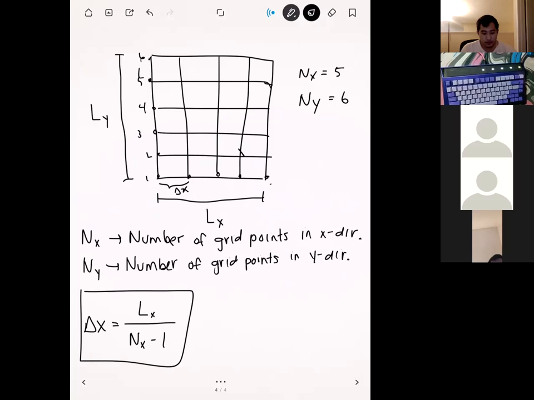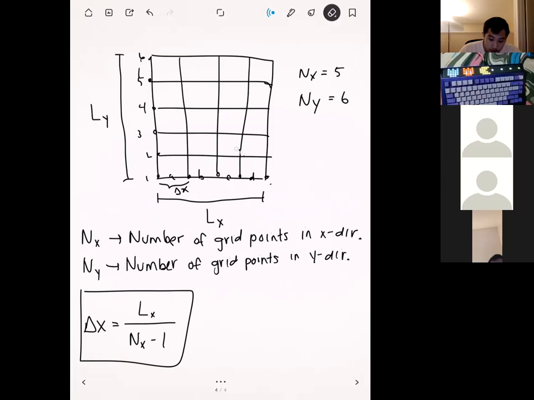Remember, the reason we do minus 1 is because since we have 5 grid points, we have 4 spaces in between the nodes. This is space A, space B, space C, space D, and what we want to obtain here is the length of those different spaces.